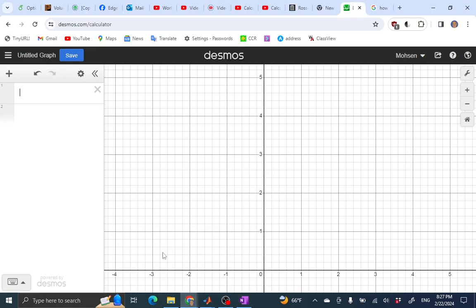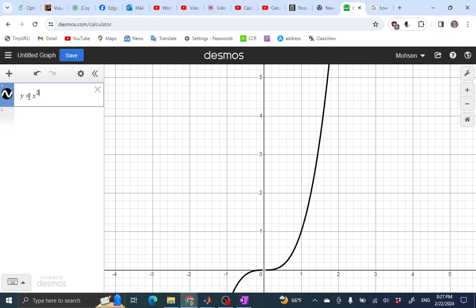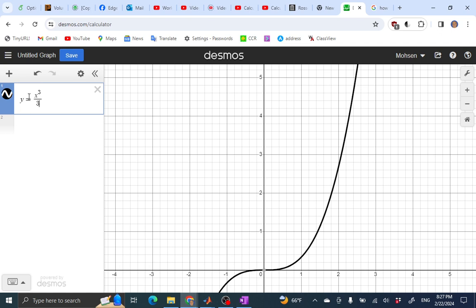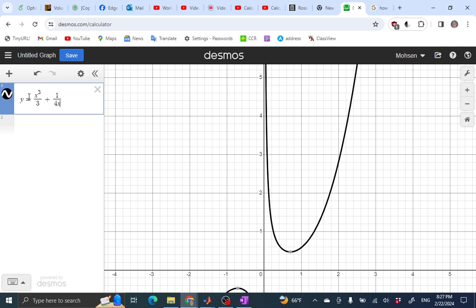What curve is it? To do this quickly, of course we go to Desmos. y is equal to x cubed divided by 3, and then plus 1 over 4x.